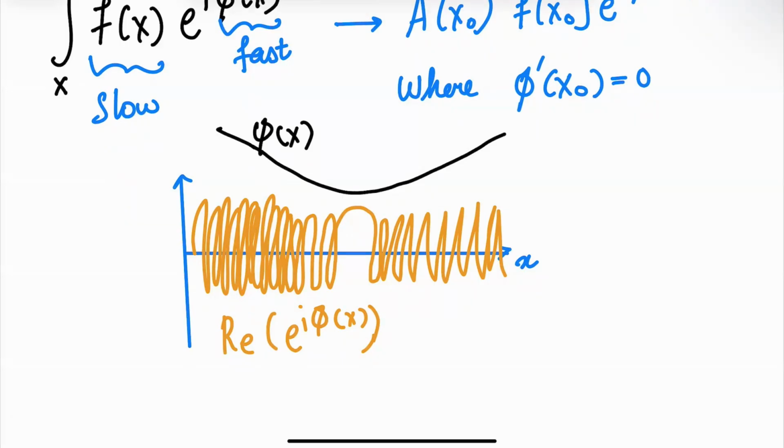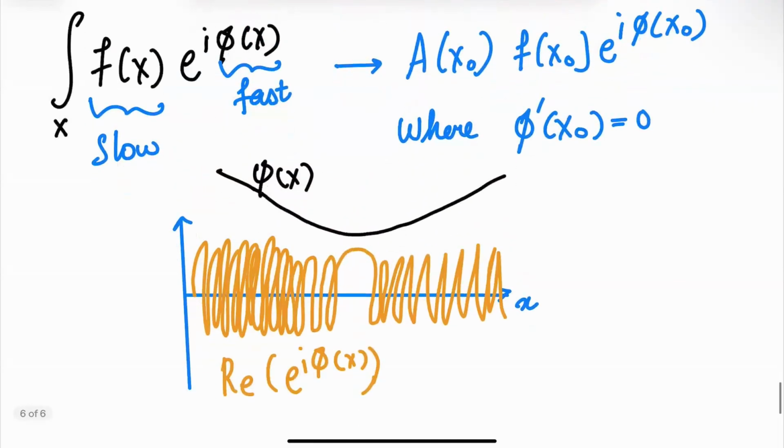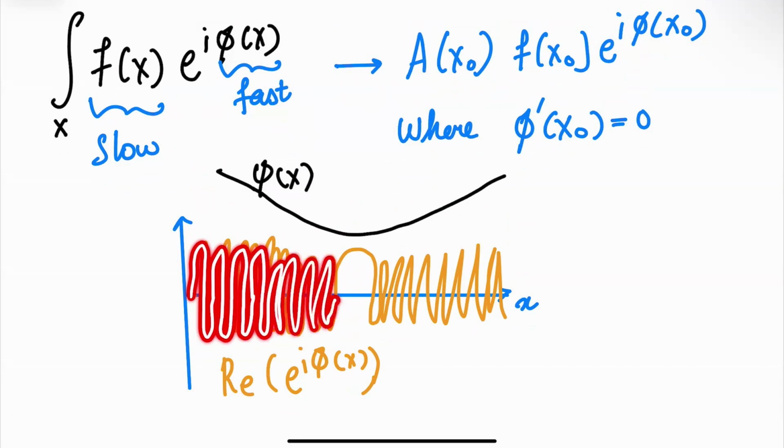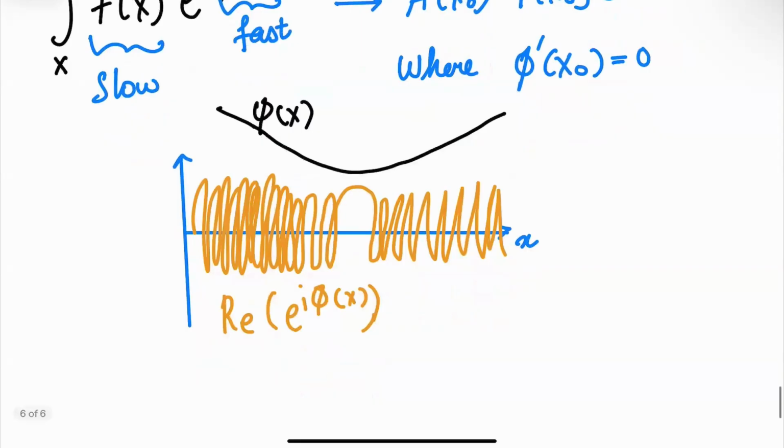So since I have something like this, the idea is that all of these contributions, because it's varying so fast and the amplitude is not really changing that fast, cancel each other. So this part cancels this part, cancels this part, and so on, until you reach this location where the variation is so slow that they add up. This part doesn't have anything to cancel with. That's the idea.